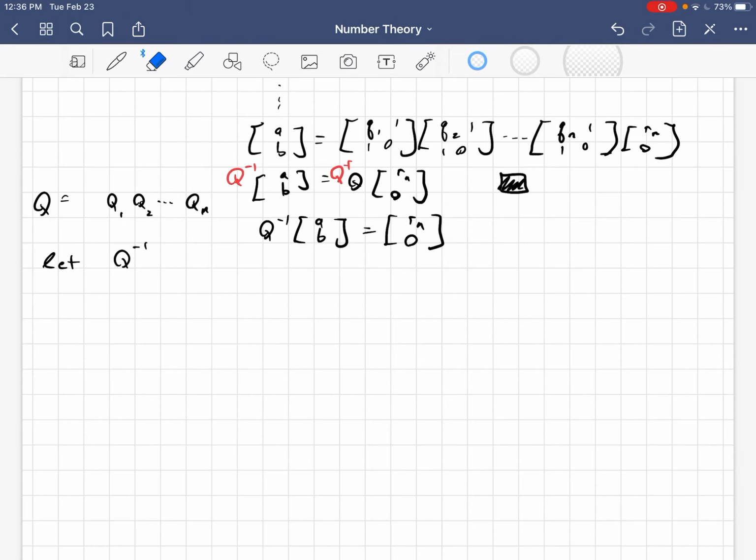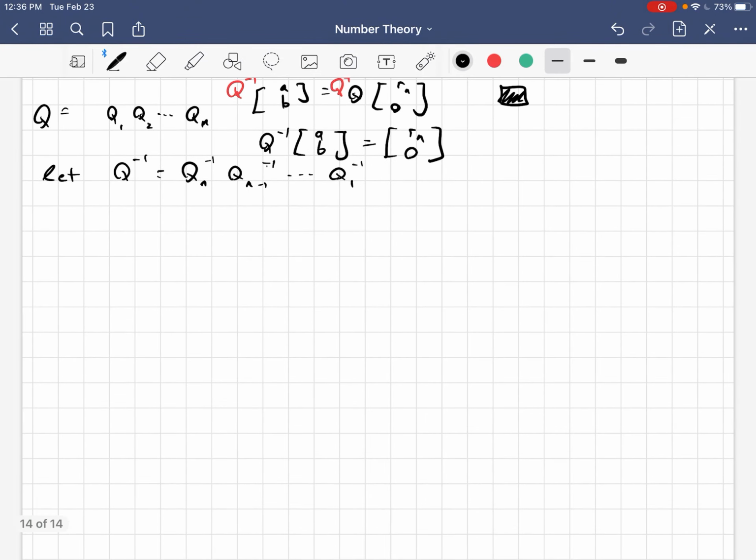Then Q inverse is going to be the product, and it's going to be reversed. So Q inverse is going to start with the last quotient inverse, times Q n minus 1 inverse, up to Q1 inverse, right?